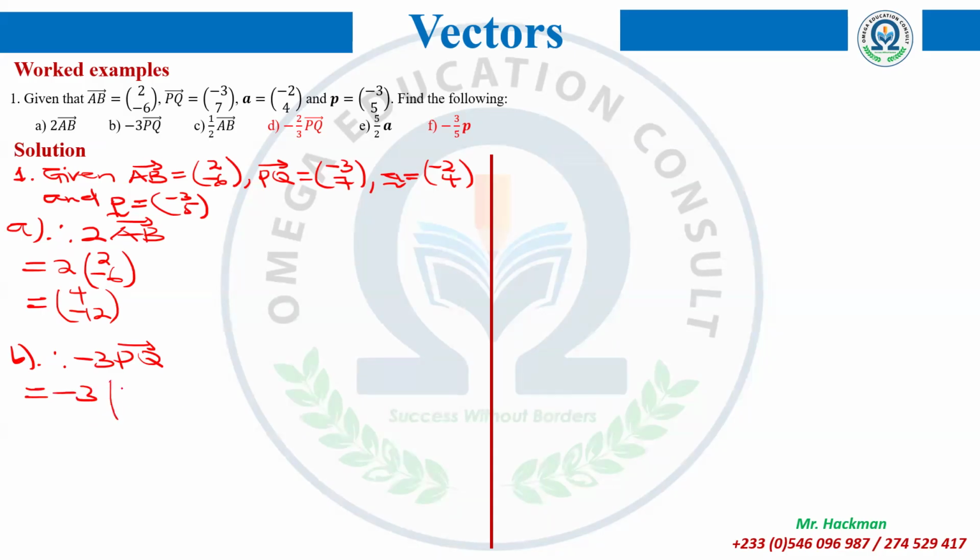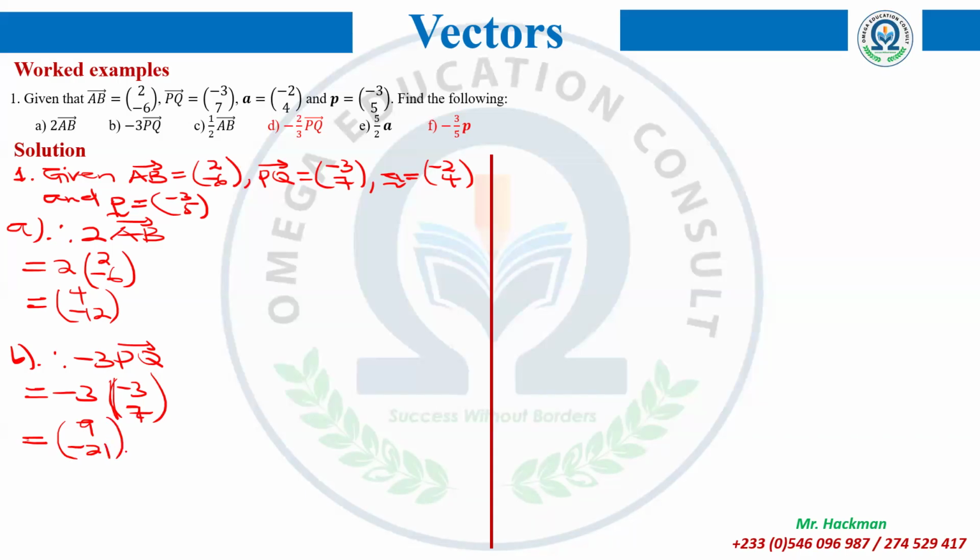What's your vector PQ? (-3, 7). We know the rule for a scalar -3 multiplying a vector: we multiply each component by the scalar. So it will be -3 times -3, and that will give us +9. And -3 times 7 will give us -21.